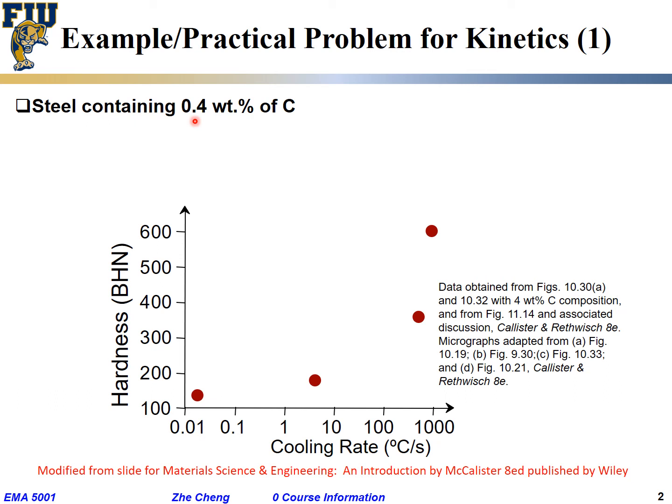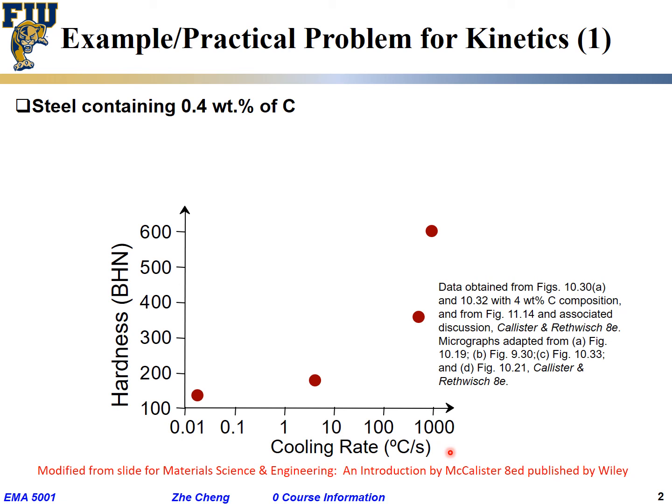For steel, we tested the hardness using diamond or some other steel ball to press into it, and we measured it versus a processing parameter, the so-called cooling rate. Cooling rate is after we process the steel, we cool the material down from the processing temperature, 800, something like that, to room temperature.